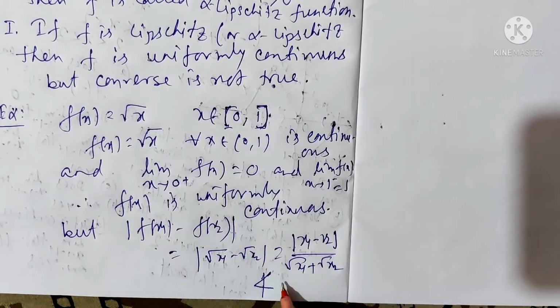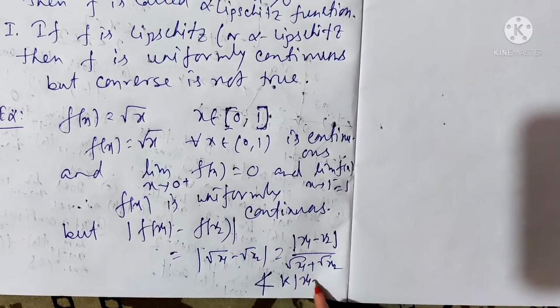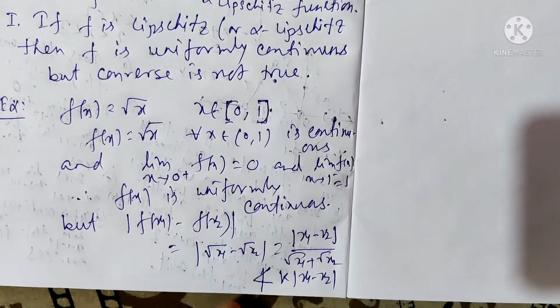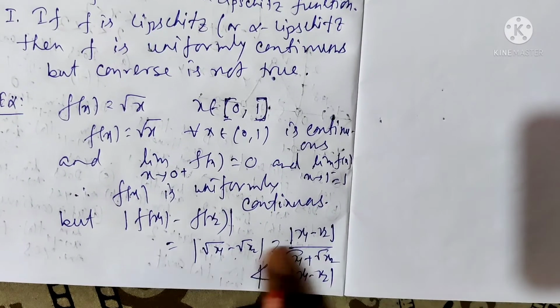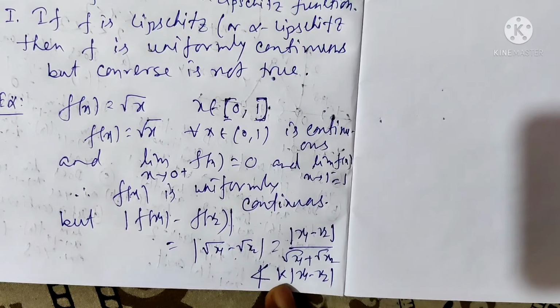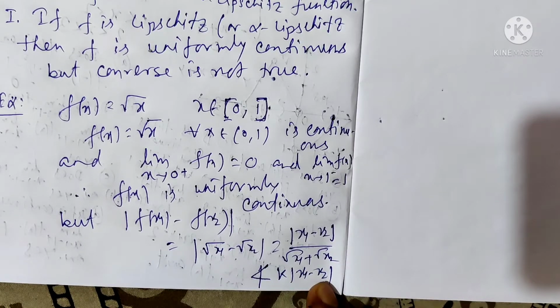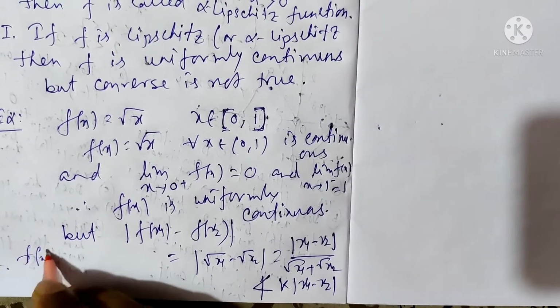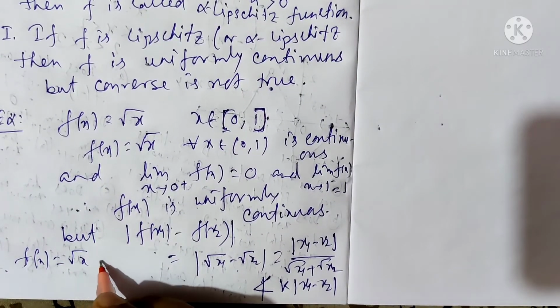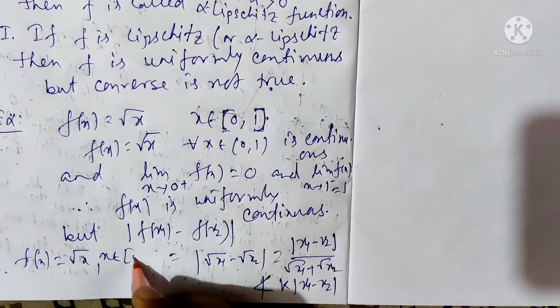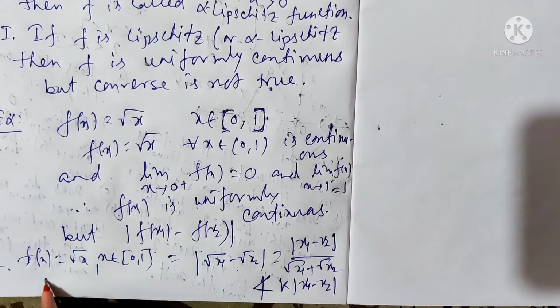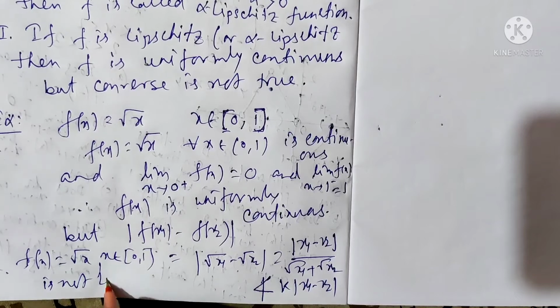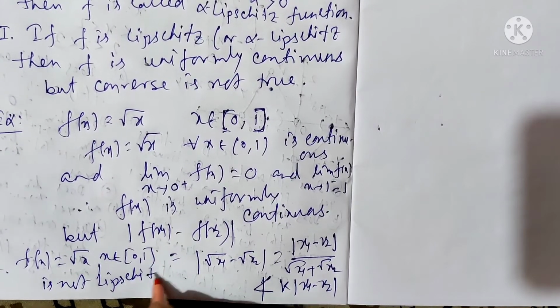There does not exist any k such that this is less than or equal to k into modulus of x1 minus x2. Therefore f of x equals root x, x belongs to the closed interval [0, 1], is not a Lipschitz function.